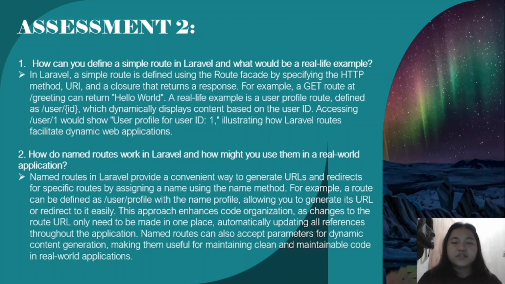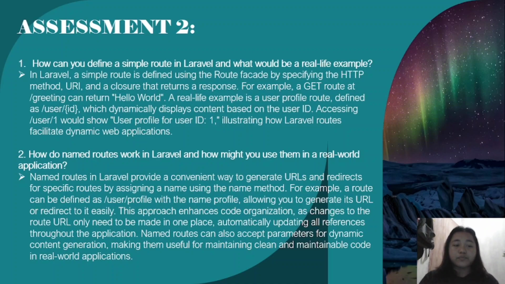For example, a GET route at /greeting can return "Hello World." A real life example is a user profile route defined as /user/{id}, which dynamically displays content based on the user ID. Accessing /user/1 would show the user profile for user ID 1, illustrating how Laravel routes facilitate dynamic web applications.